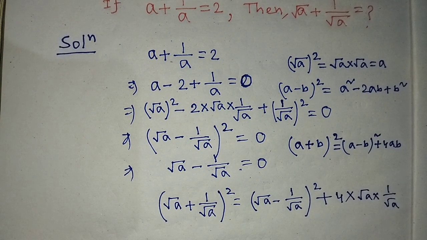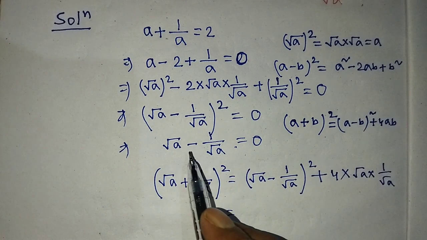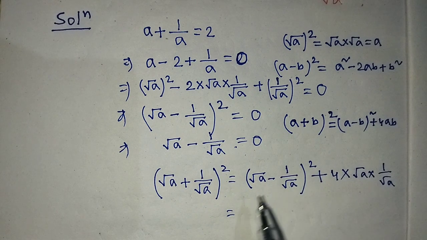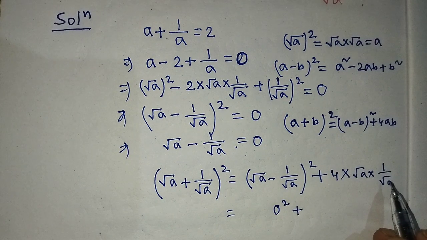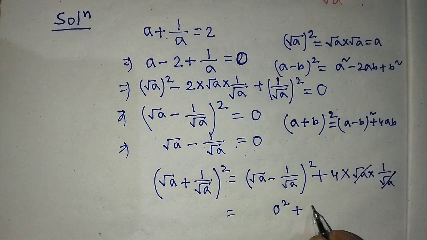So student, after that we have to put the value of root a minus 1 over root a, which is equal to 0. So we have to write here 0 square, plus, so we can cancel root a from the numerator and denominator. Okay, so only we have to write here 4.